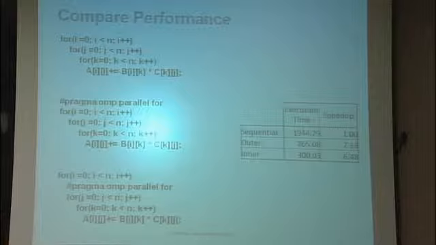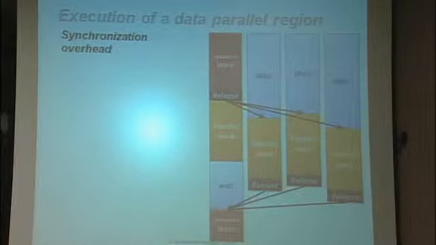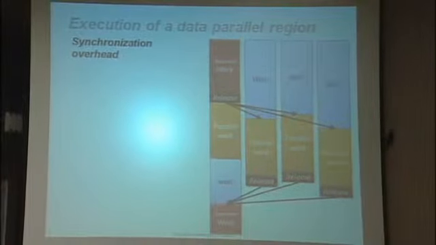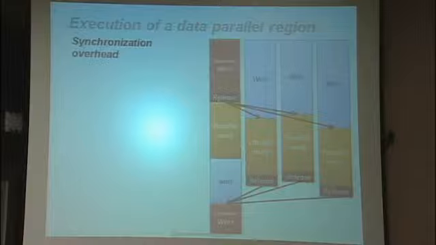So let's look at how this is basically run. Normally you can think about an OpenMP program as having one sequential thread. You run the main program. And assuming you have n cores, you might have n-1 other threads just waiting for work.